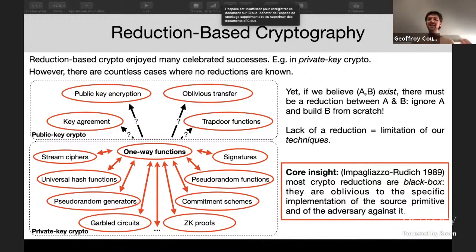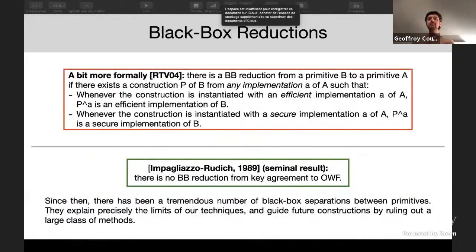The core insight in this area was given by Impagliazzo and Rudich in 1989, and it's the following. Most cryptographic reductions that we know of are black box in the sense that they are oblivious to the specific implementation of the source primitive and of the adversary. The slightly more formal definition is that there is a black box reduction from a primitive B to a primitive A if we have a construction and a reduction.